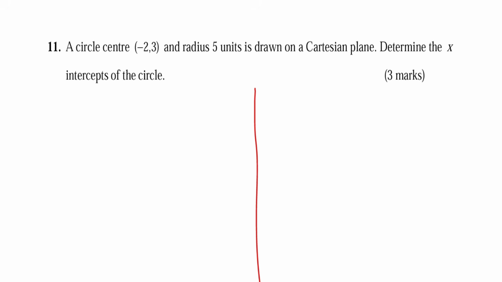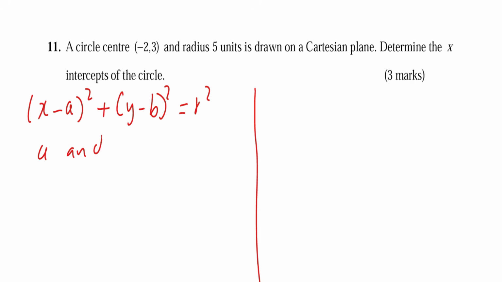Now remember that the equation of a circle is given by this formula: x minus a squared plus y minus b squared equals r squared, where a, b is the center of the circle.